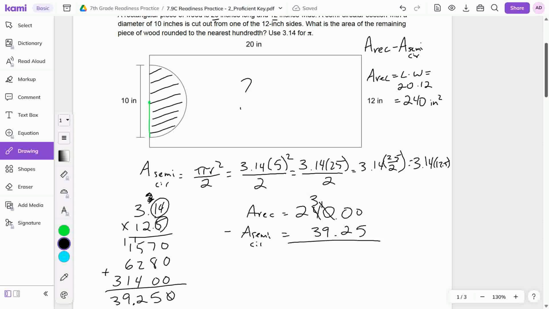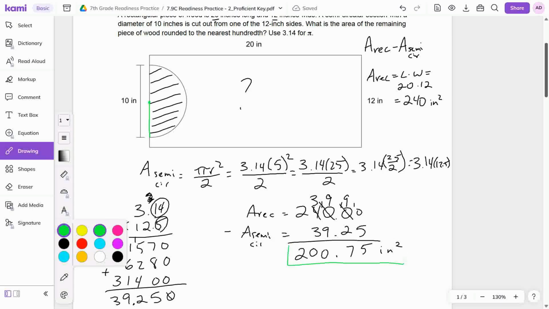I've got 10 ones. Take away a 1, leaving 9. Got 10 tenths. Take away a tenth, leaving 9. I've got 10 hundredths. That's 5. That's 7. 0, 0, 2. All right, so we've got 200.75 square inches, and we're still dealing with square inches. That is the area of that remaining shape.